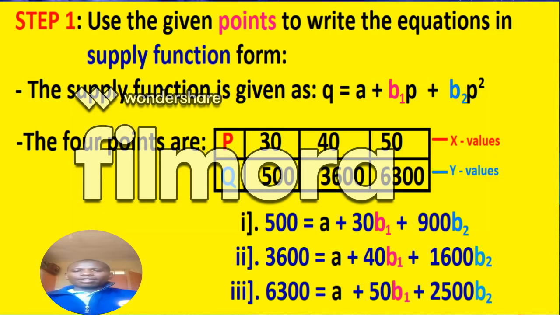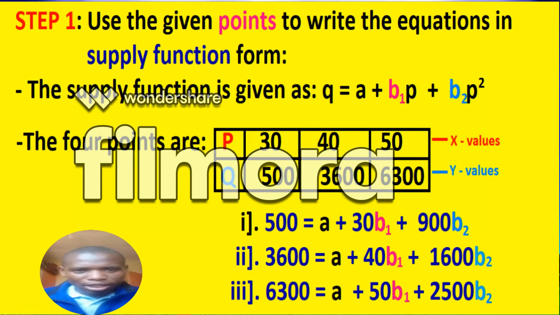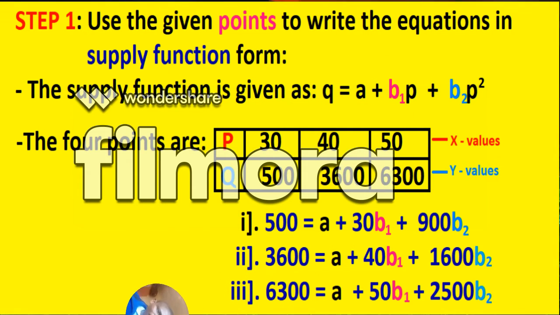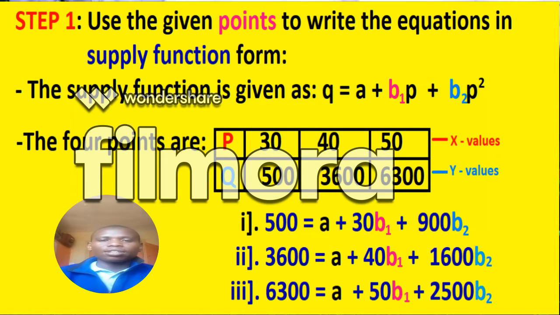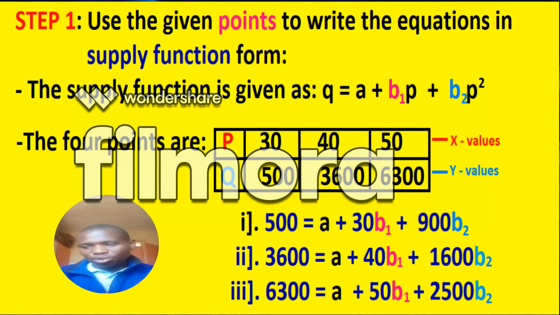We are given 3 points here: (30, 500), (40, 3,600) and (50, 6,300). The formula for the supply function is Q equals A plus B1P plus B2P squared.